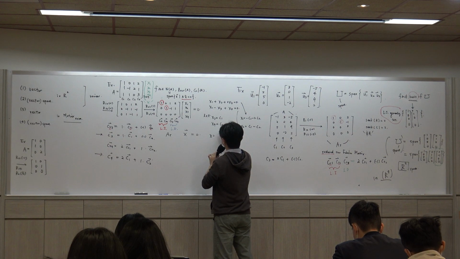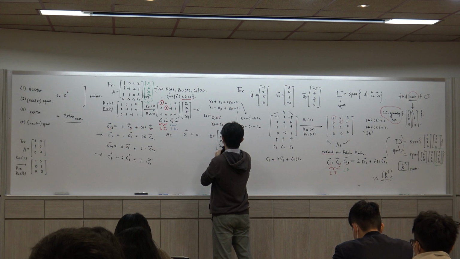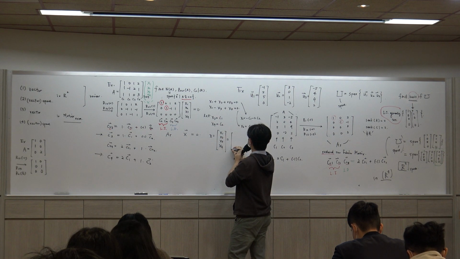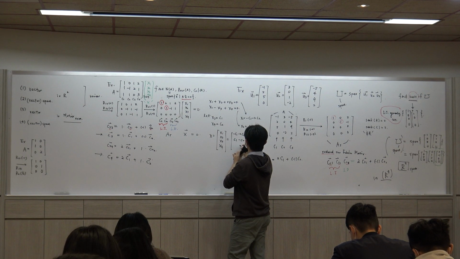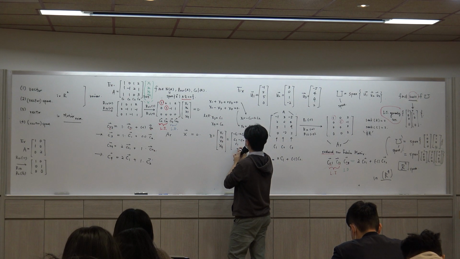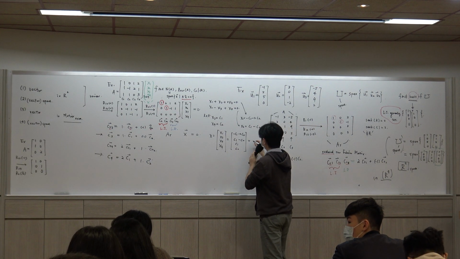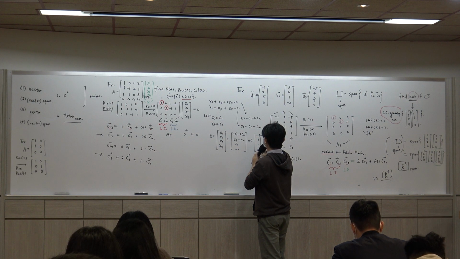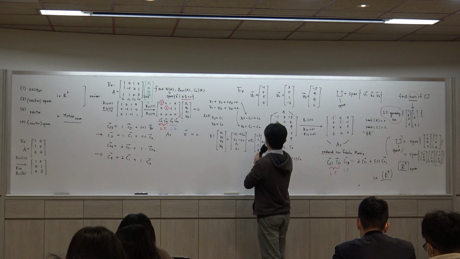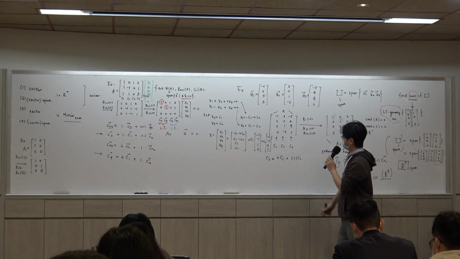So X equals S1, S2, S3, S4, where S1 equals minus C1 minus 2C2, S2 is C1 minus C2, S3 is C1, and S4 is C2.